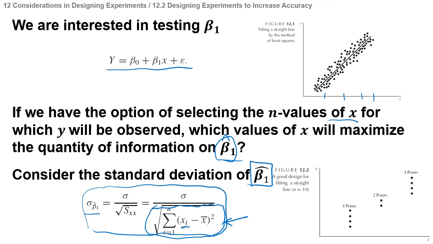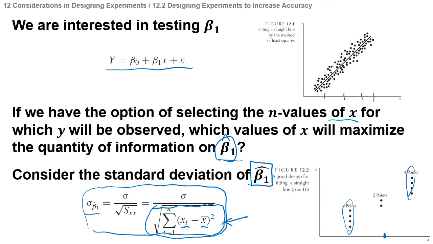We can put the xi's at a larger distance from x bar. So x bar is here, and we want to put points at a larger distance, something like here or here.